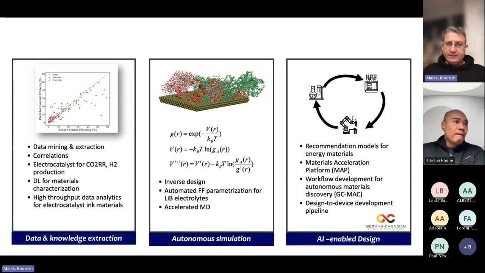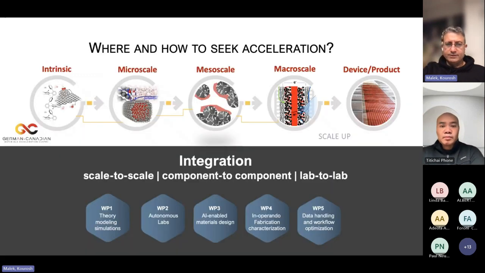The other aspect of utilizing models and data in a different way is supporting these automated labs, as we call them, self-driving, all the material acceleration platforms that are able to design materials and components to have the maximum functionality of the device. So I'm going to talk a little bit about this last block in this presentation.